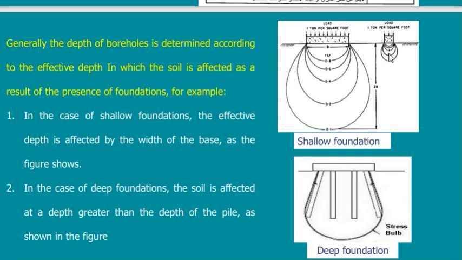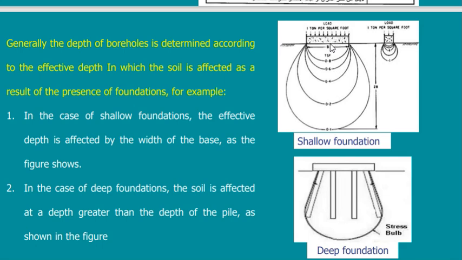The remaining 10% is not important, but 90% of the load will be within this area. So if I have a foundation this width, I should cover twice this width below ground. If the width is big, then twice the width will be bigger. So depending on the width of your foundation, you will define the depth of the boreholes.